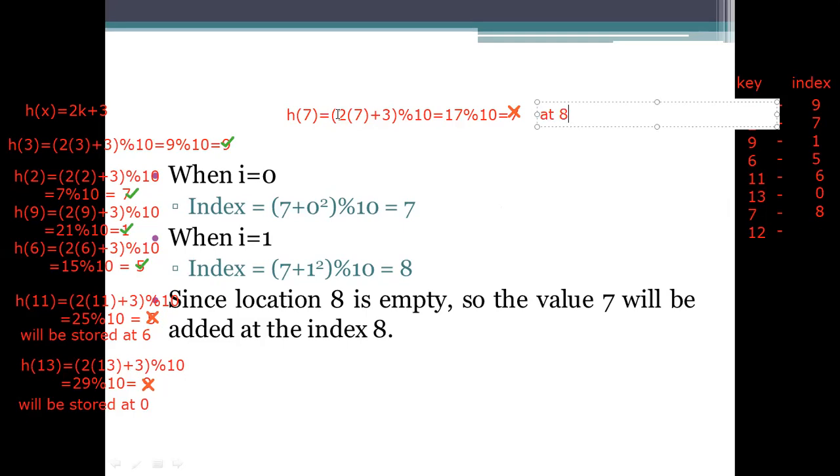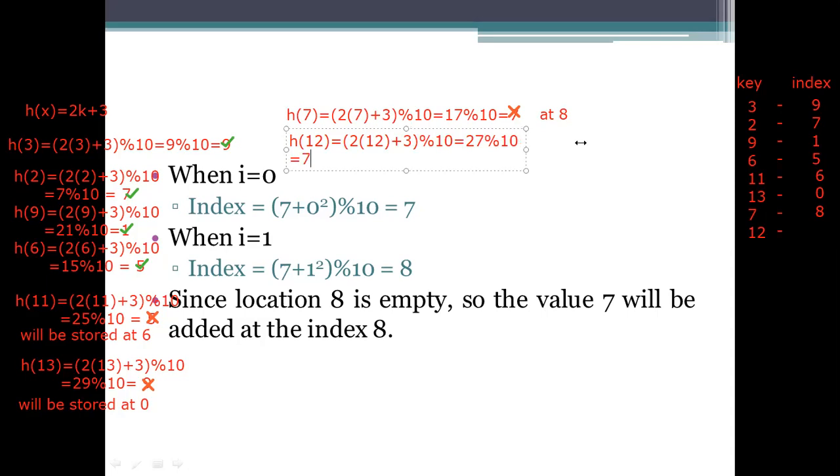Okay. Next and the last one we are having, h of 12, which is equal to 2 into 12, 24 plus 3, 27, modulus 10. 27 modulus 10 is equal to 7.